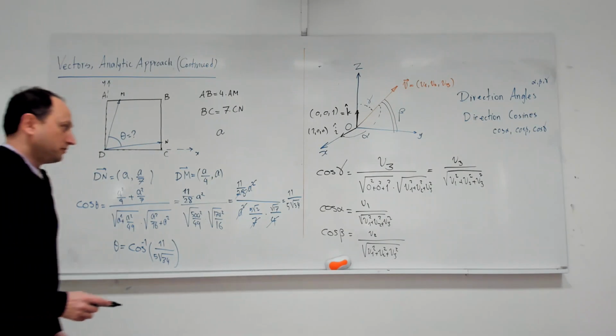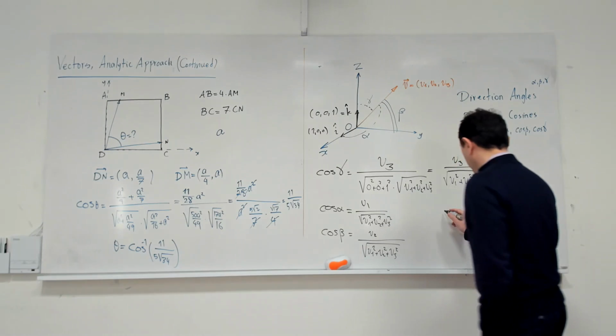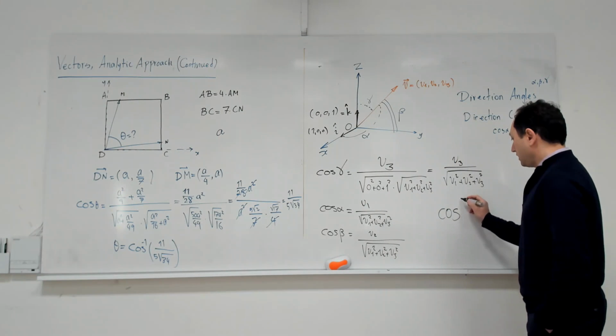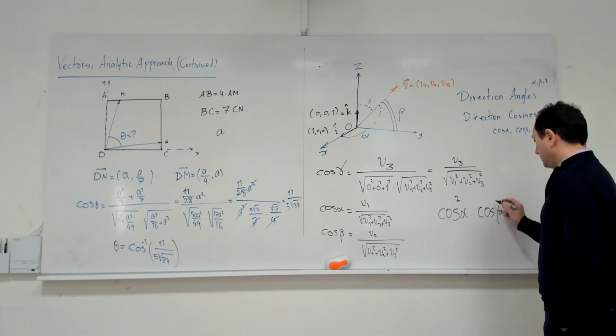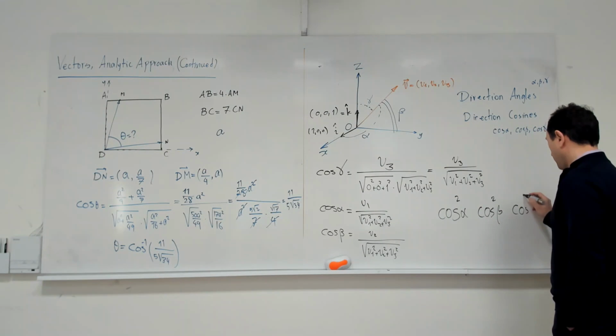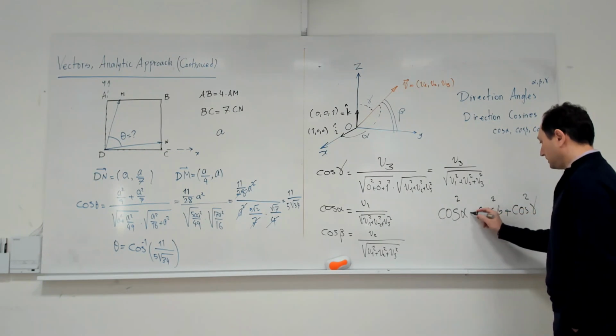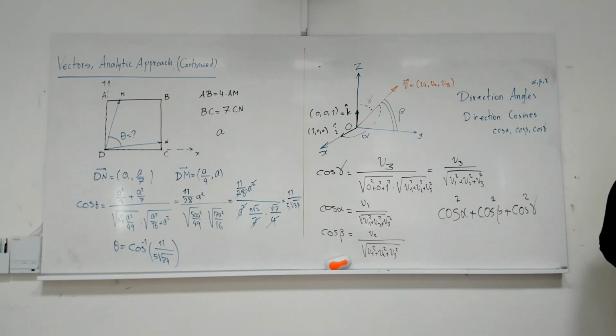Okay, let me ask you. Can you calculate this in your head? I square cosine alpha, I square cosine beta, and I square cosine gamma, and add them. What will happen?